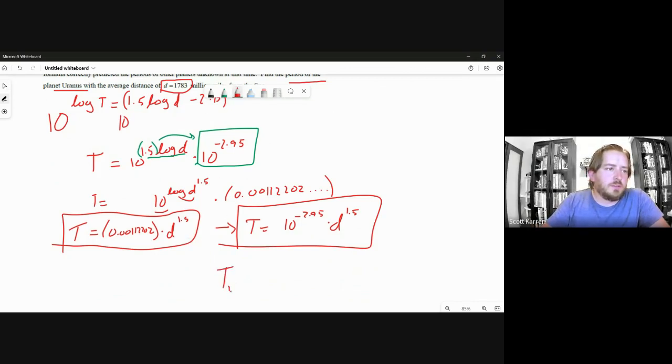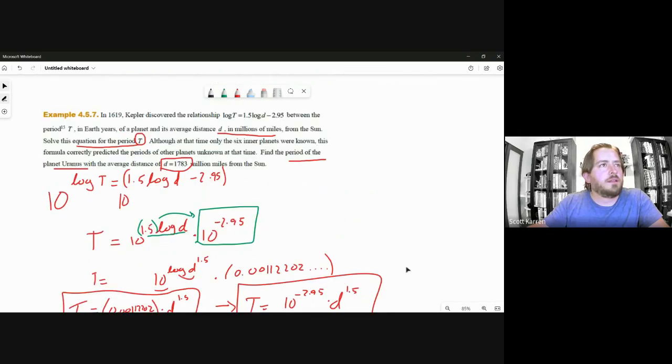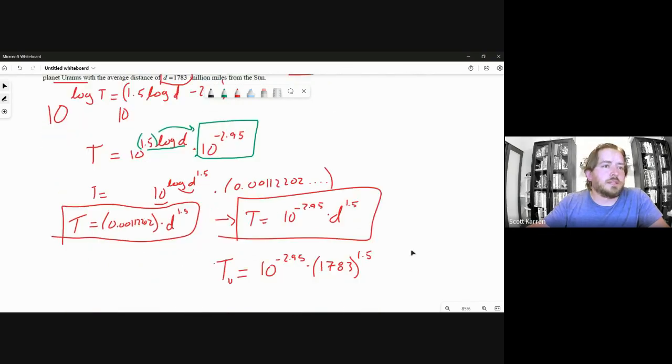The period of Uranus should be 10 to the negative 2.95 multiplied by that d is 1783 raised to the 1.5. And if I just plug all of this in, I get about 84.5 years. 84.5 Earth years.